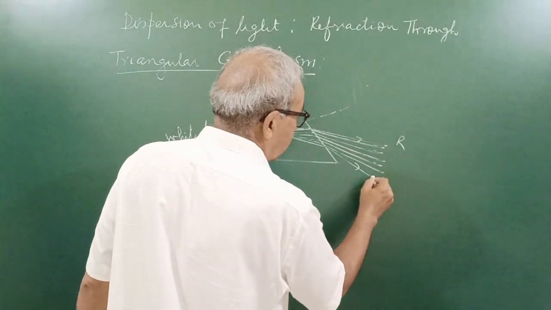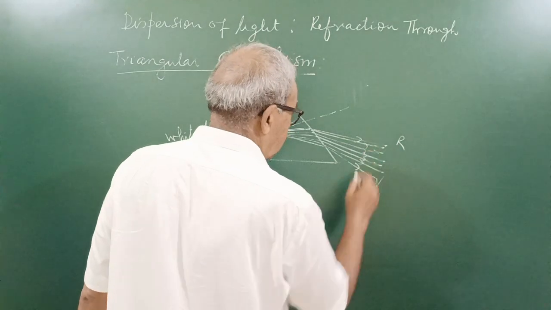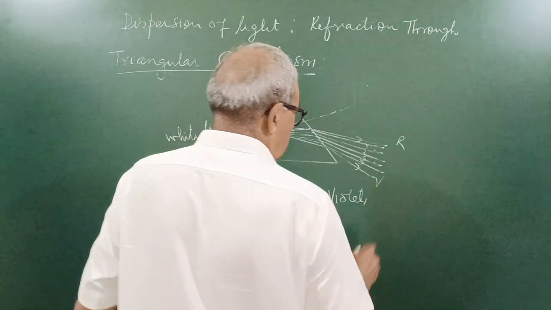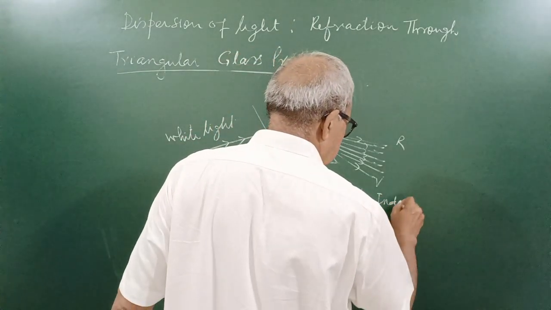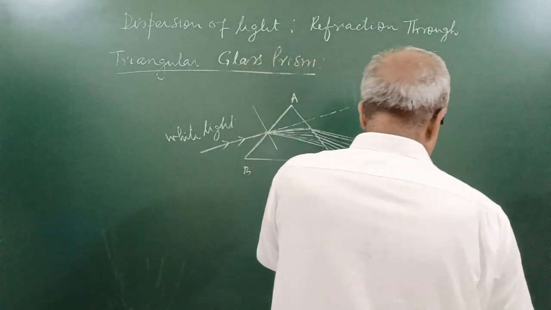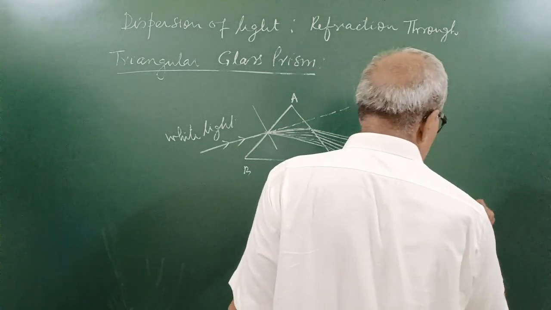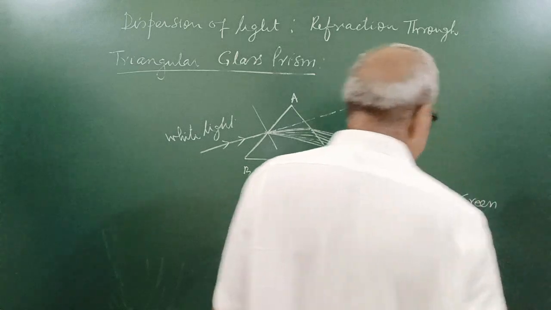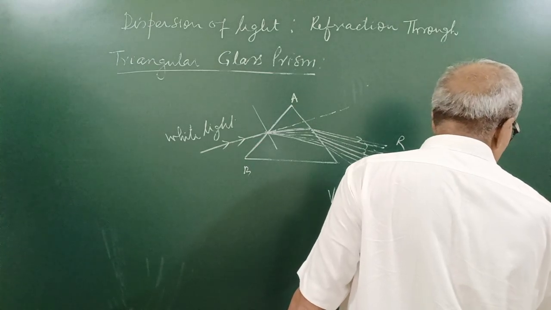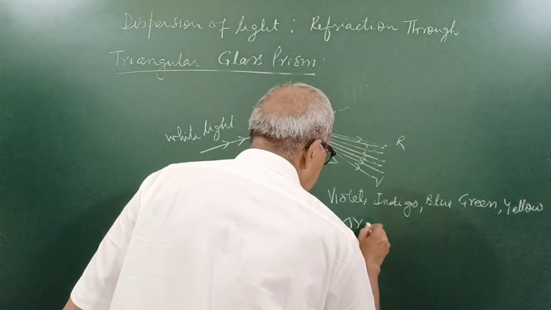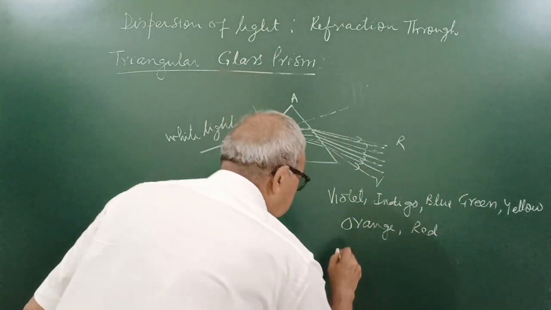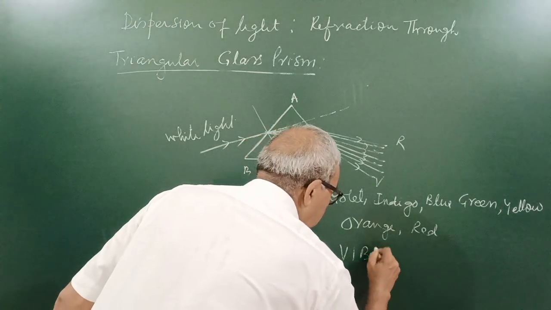And the sequence is violet, indigo, blue, green, yellow, orange, and red, which we abbreviate as VIBGYOR.